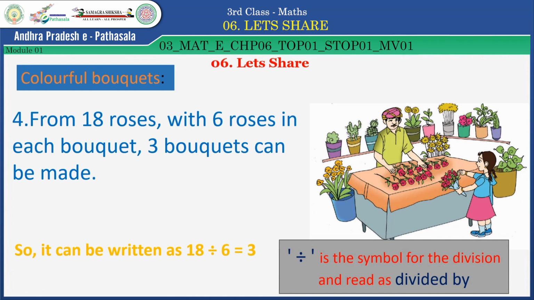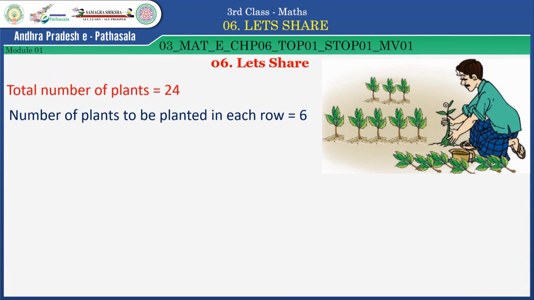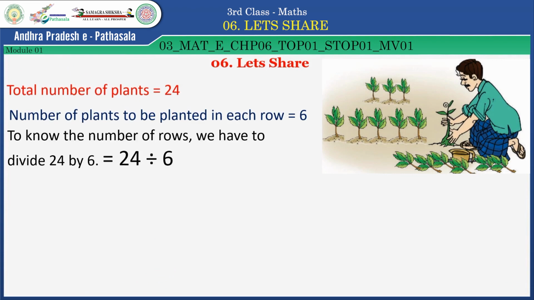Now see another example. Children, look at the picture. In this picture we see the total number of plants is 24, and the number of plants to be planted in each row is 6. To know the number of rows, we divide 24 by 6. That is 24 ÷ 6.